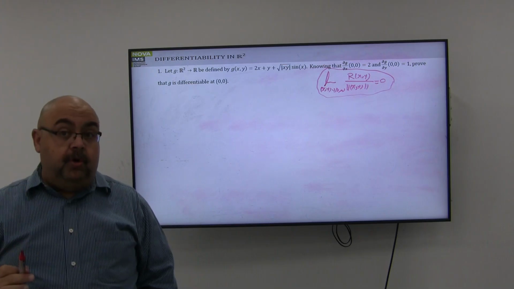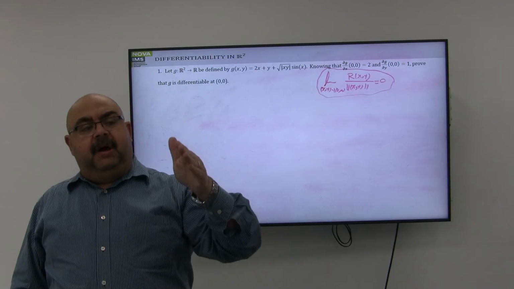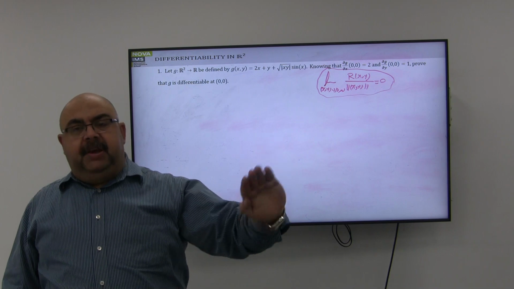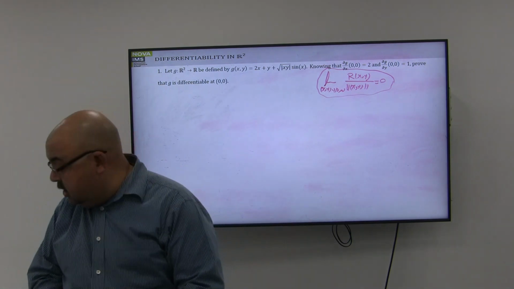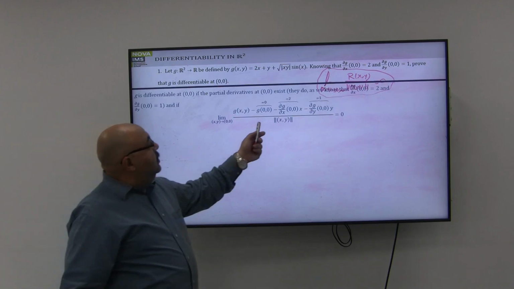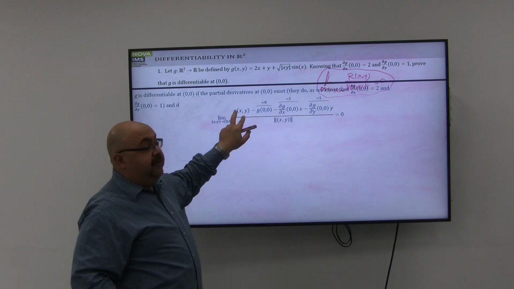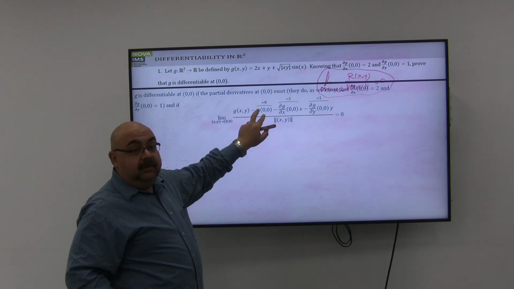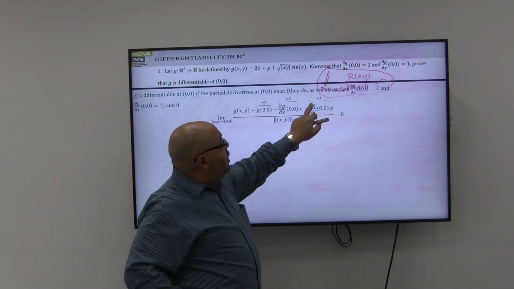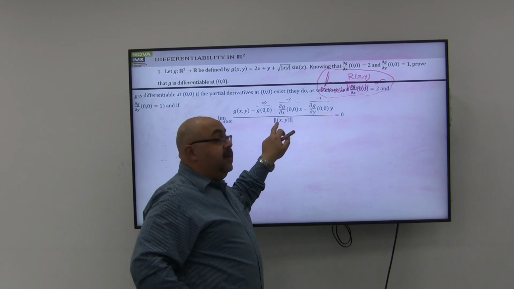Of course, once more, R is going to be f of x,y minus the value of the function at the origin minus the partial derivative with respect to x times x minus the partial derivative with respect to y times y. So this is R of x,y: the function g of x,y, minus the value at the origin, minus the partial g, partial x at the origin times x, minus partial g, partial y at the origin times y, divided by the norm of x and y.